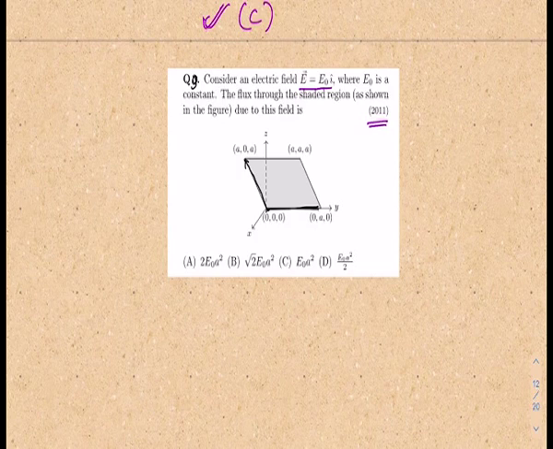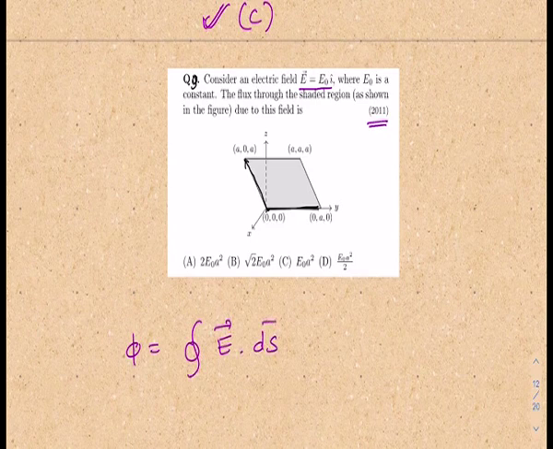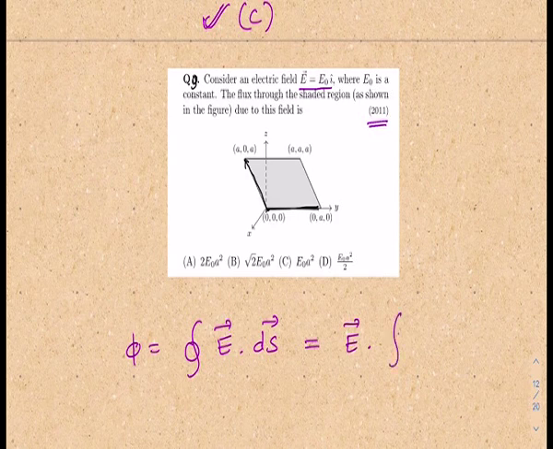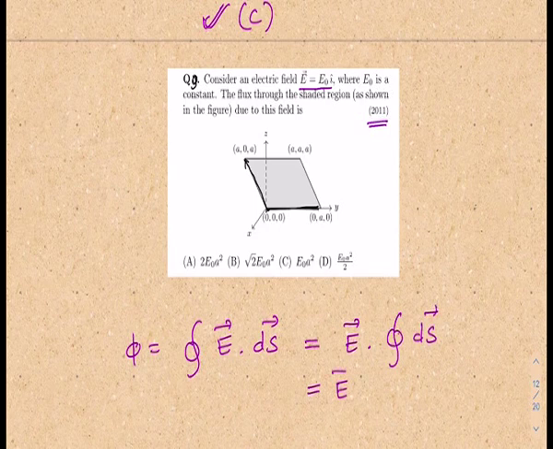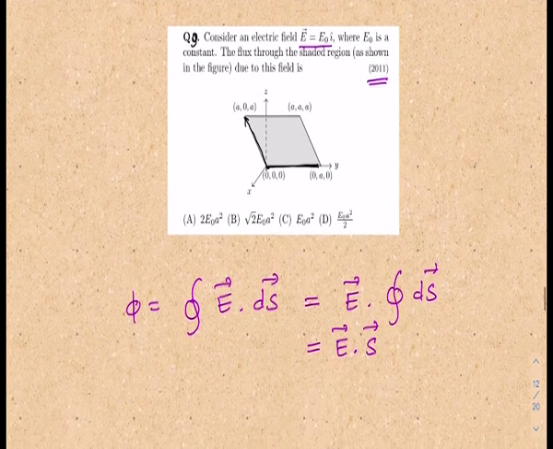You know that the flux is given by this formula, E dot dS. Now here the electric field is a constant, so you can take the electric field out, and you get electric field dot the surface area vector S, which you have to calculate.